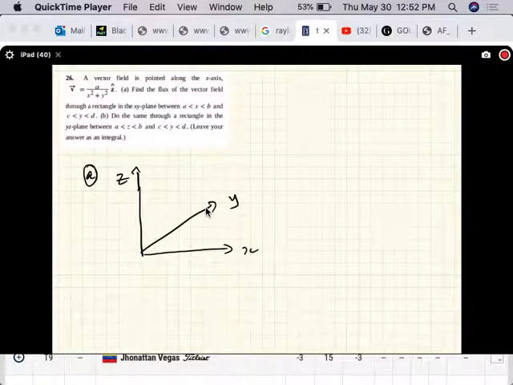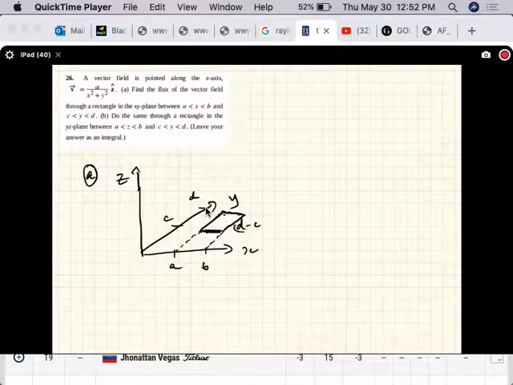So for part A, the flux of the vector field through a rectangle in the xy plane between A and B. So here's A and B, and y is between C and D. So this dimension is D minus C, and this dimension is B minus A. And the vector field is pointing in this direction.